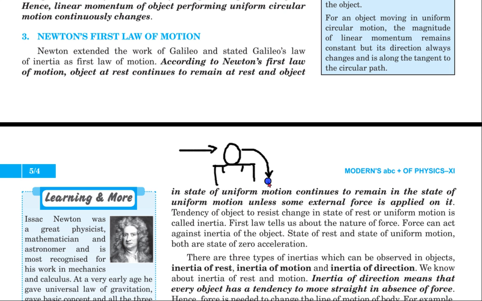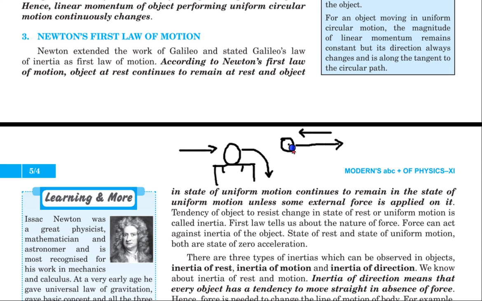If I fix the table here, and similarly I have a basketball here, and it is moving towards me. The question is, when will this basketball stop? It will stop if an external force is applied in the opposite direction on the basketball.